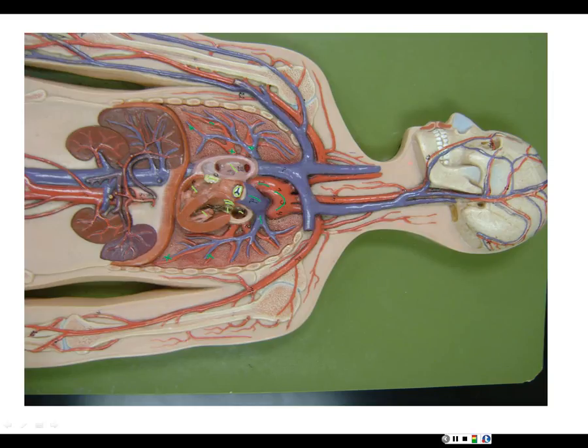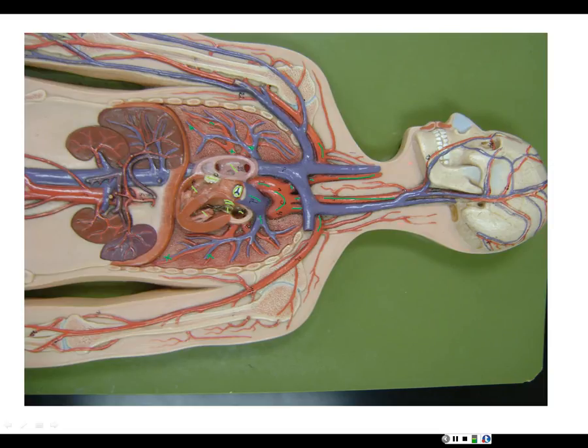We have the three branches off of the aortic arch: the brachiocephalic artery, the left common carotid, and the left subclavian. The right brachiocephalic artery will then branch into the right common carotid and the right subclavian.